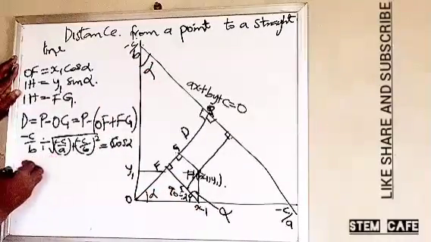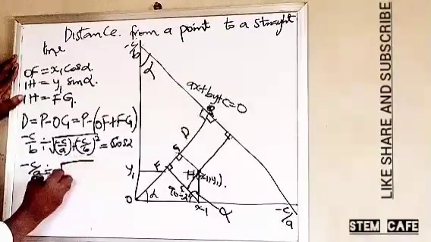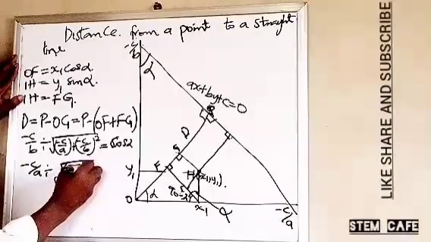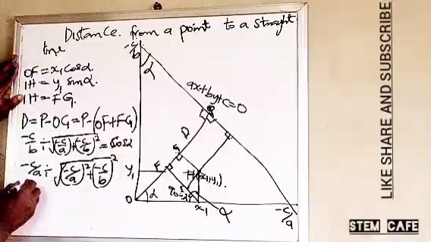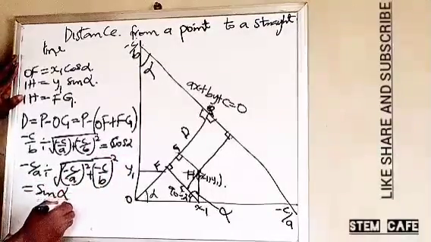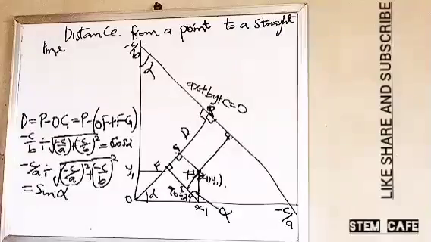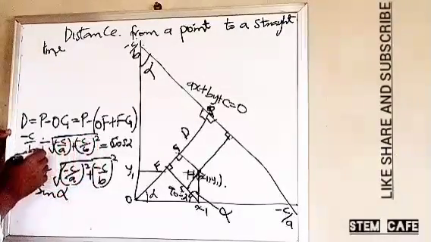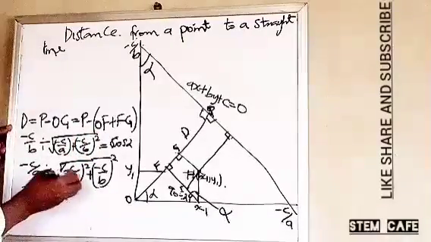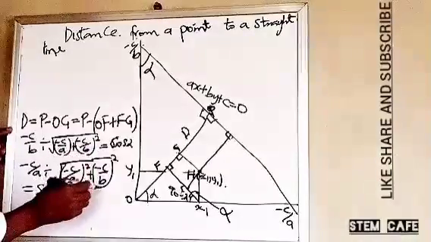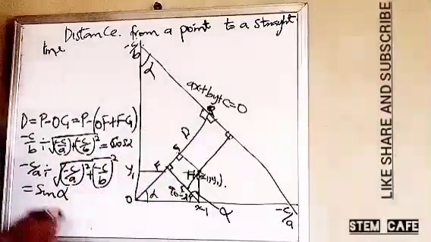And our sine alpha is also equal to minus C over A. Now, OF, as we got initially, is going to be x1 cos alpha, and IH is y1 sin alpha.